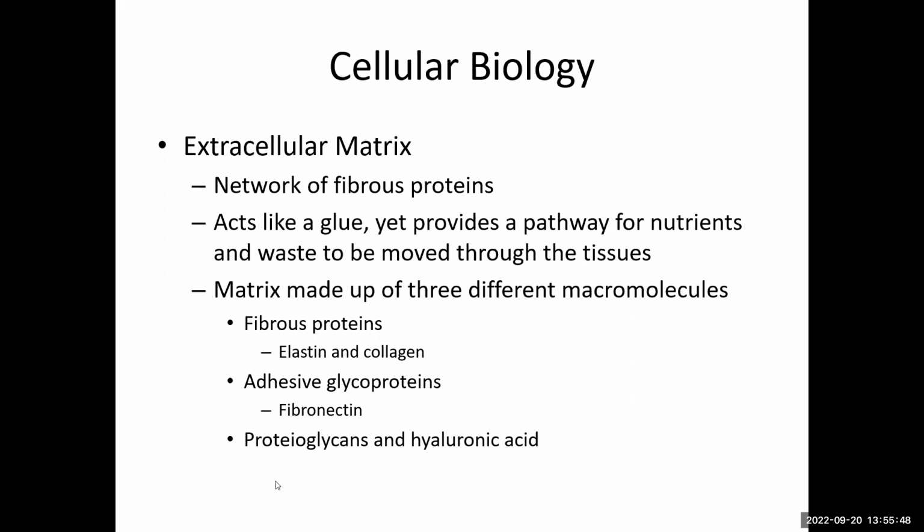This is a very good example of that extracellular matrix and the pathways that are left within those tissues. The matrix is going to be made up of three different macromolecules. We have our fibrous proteins, which can include proteins like elastin and collagen. We have adhesive glycoproteins, which are generally fibronectin. And then we have our proteoglycans and that hyaluronic acid.